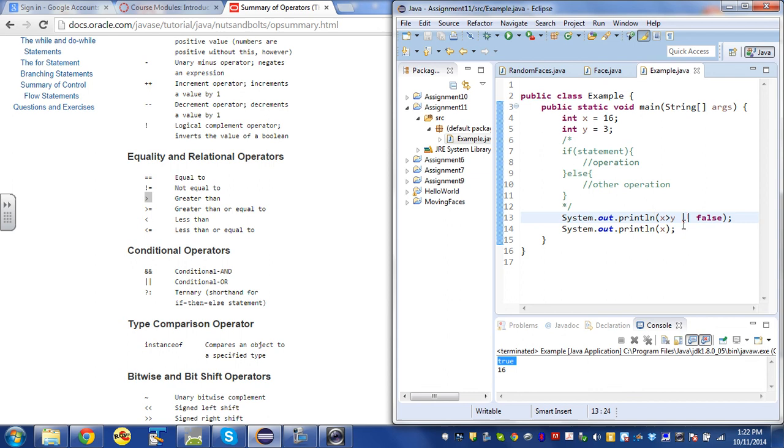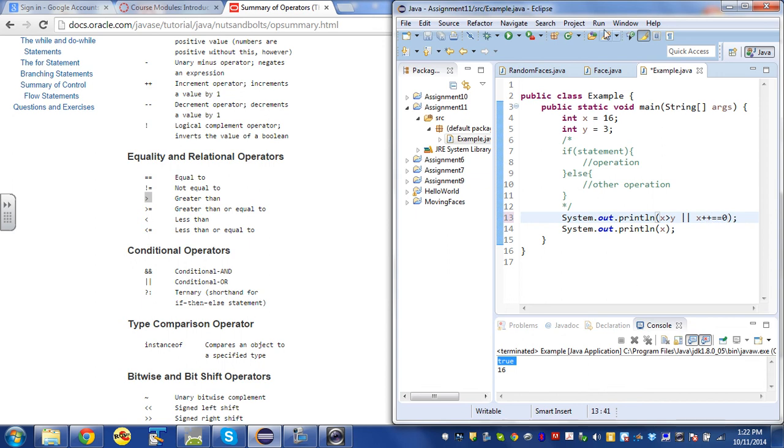Now Java has a special little thing that it does called short circuit analysis. Okay? What if I set x plus plus equals 0?